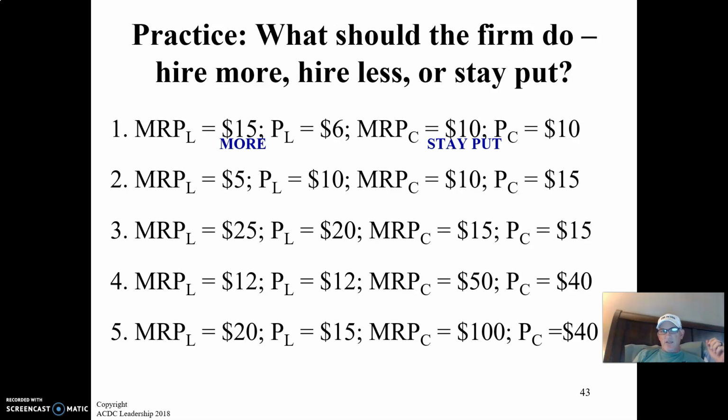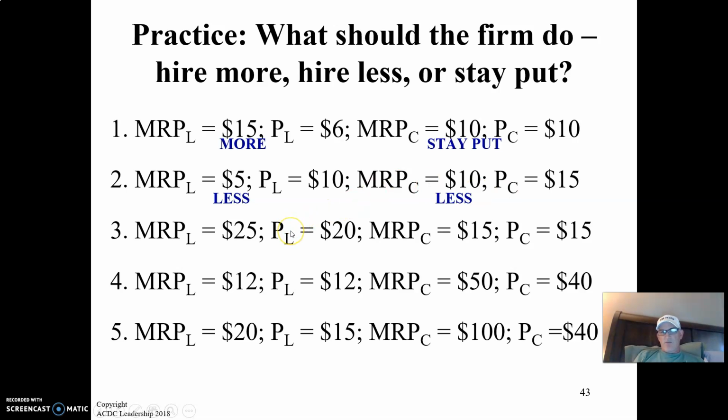On 2, we would hire less labor because the MRP is $5 and the price is $10, so we would hire less of them because they cost us more than what they produce. Here they produce more than what they cost, so we would hire more. Here it's the same, so we would stay put. Here we would hire less.